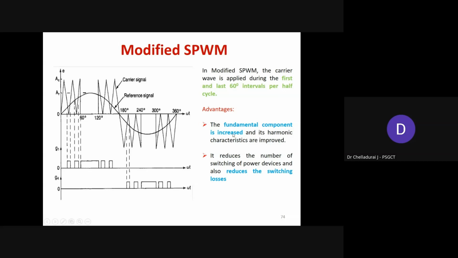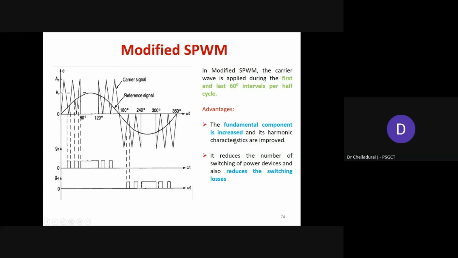By using this method, the fundamental component is increased. Fundamental component means, by using DC to AC conversion, the effective fundamental output voltage magnitude, or the DC bus utilization, is also one of the very important performance parameters. The DC bus utilization compared to the previous three pulse width modulation techniques is more with this modified SPWM.